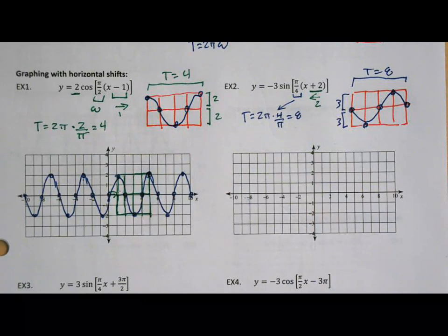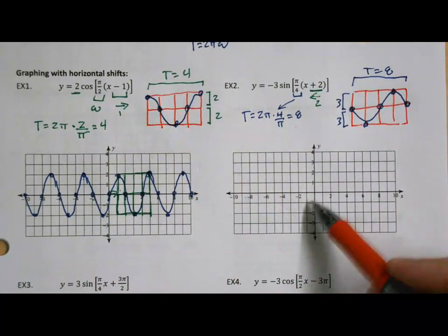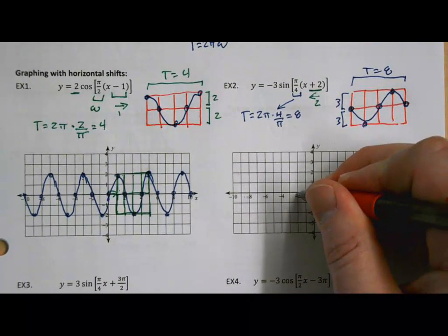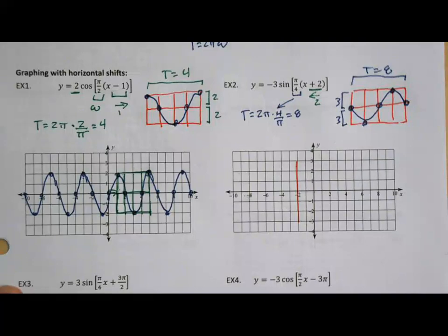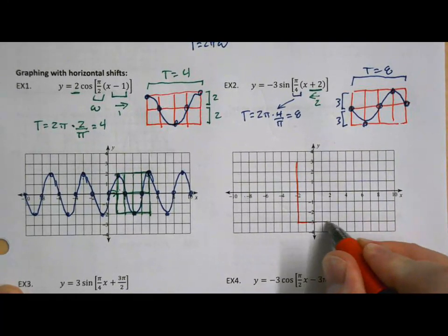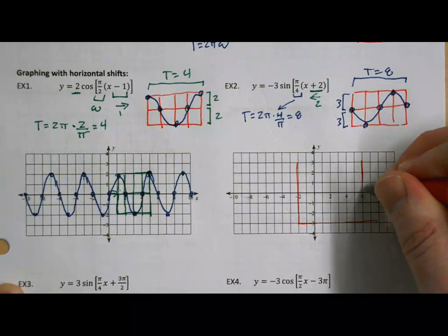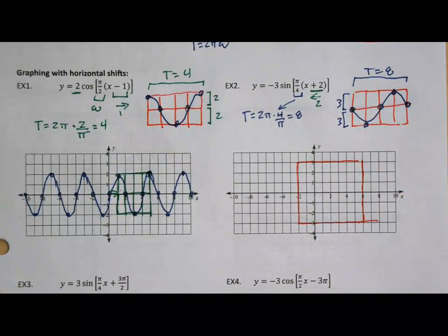Hopefully you're recognizing we need to shift to the left by 2, so instead of starting our frame at the origin, we're going to take the origin and move it to the left by 2. And then from there, go up and down by 3. And then over 8, I went too far. So that's our full period.